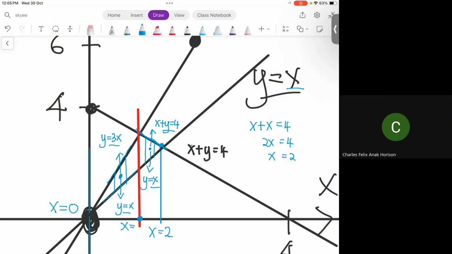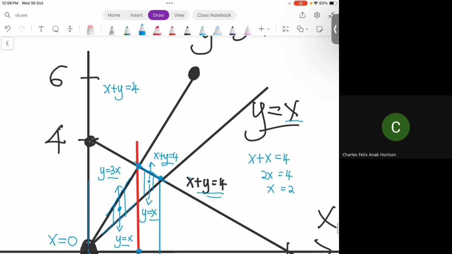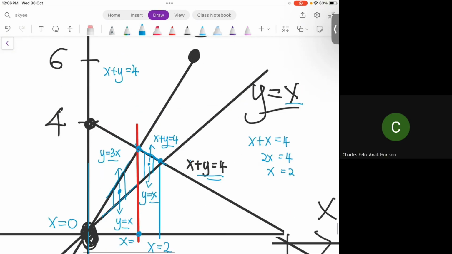So why is these positions? This position is the intersection point between y equals to 3x and this one. So now you have to solve for this point. Taking x plus y equals to 4, and you replace the y with 3x because it's intersecting with the 3x over here.